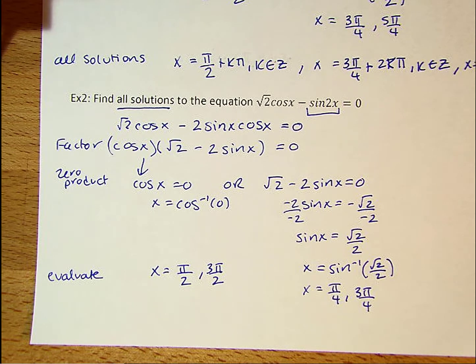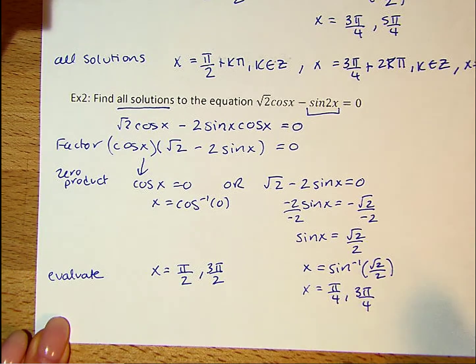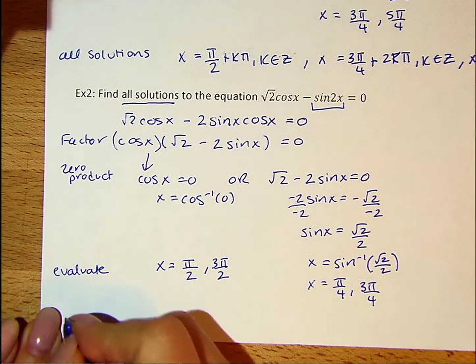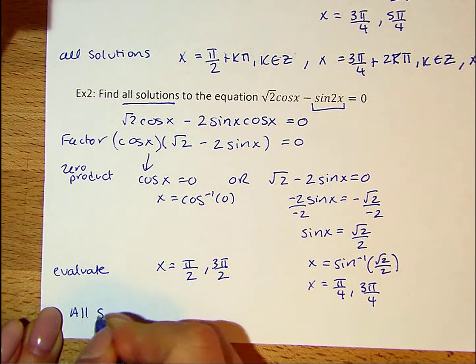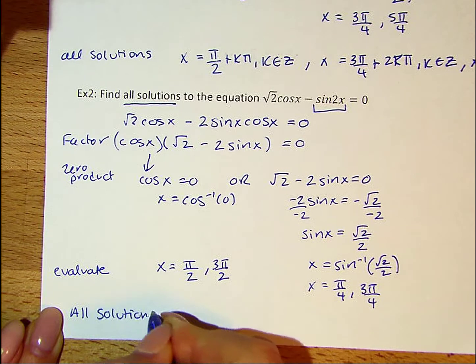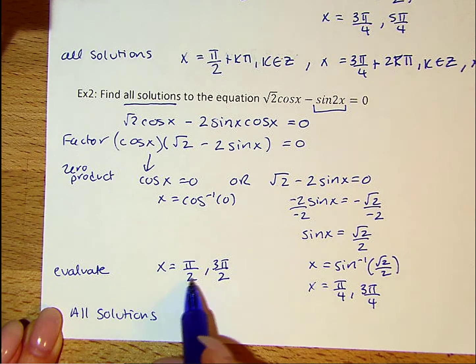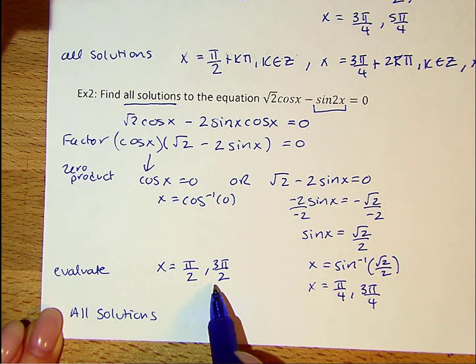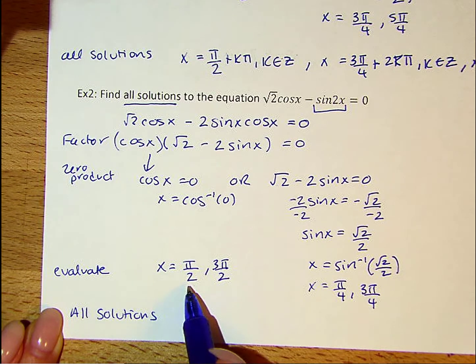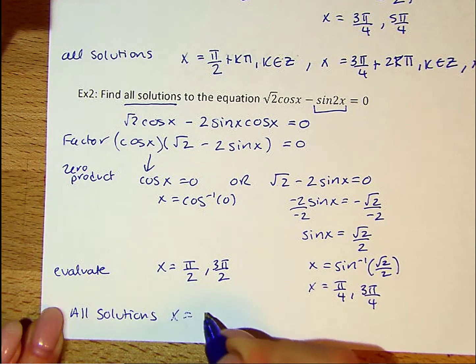Now, again, if we're asked for a domain from 0 to 2 pi, those would be our answers. But we're not. We're asked for all solutions. So then we need to simplify. We have that same situation where we're on the axis. So instead of doing pi over 2 plus the coterminal of 2 pi, we're just going to add pi.